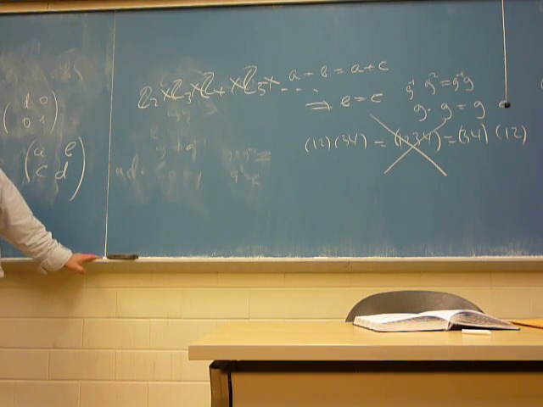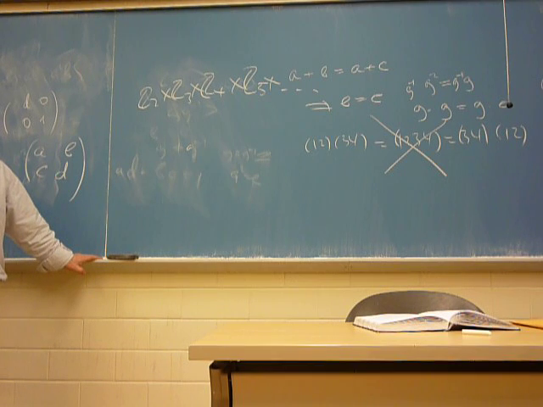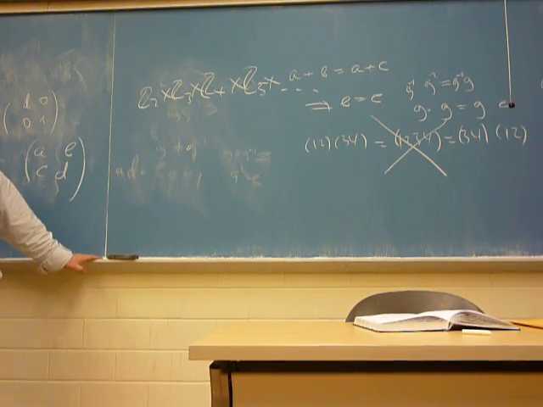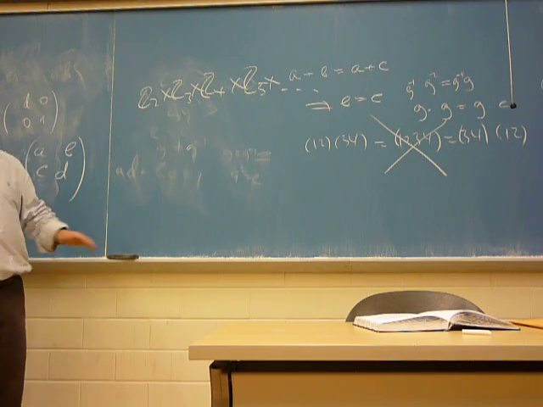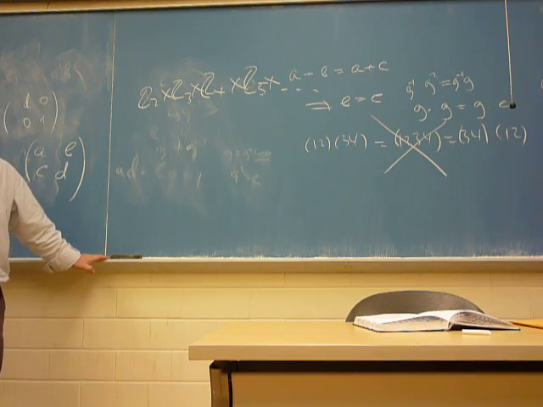I'm taking this direct product of infinitely many groups. There are two different notations, direct product and direct sum.